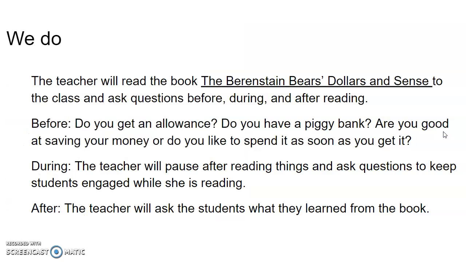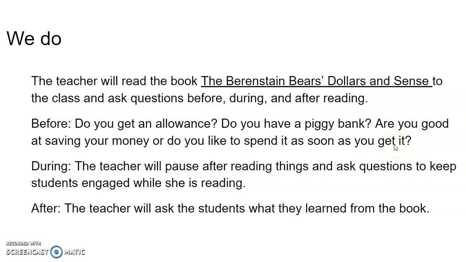After that, we will read the Berenstain Bears Dollars and Cents book together. It's about the Berenstain kids, the brother and sister. They get an allowance and they struggle with spending it right away, and they have no concept of money.